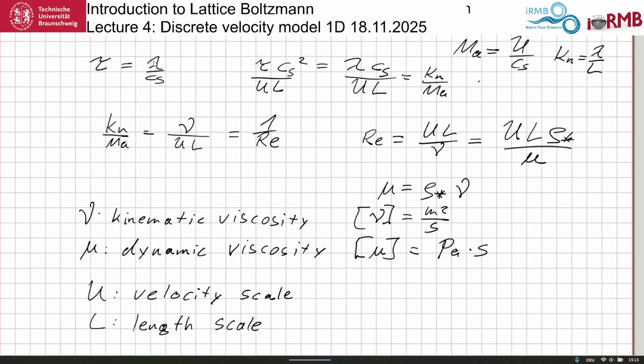In nu you have the mean free path. When you have twice the density, twice as many particles in the same volume, you have half the mean free path. Therefore when you multiply this by density, you get something that is not dependent on density, while the kinematic viscosity on its own is dependent on density.